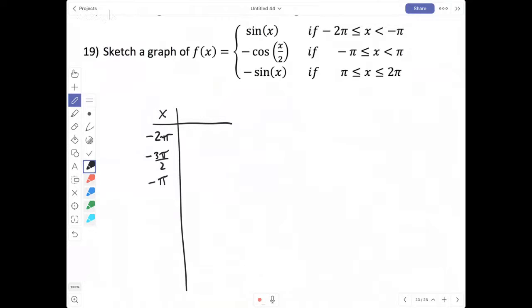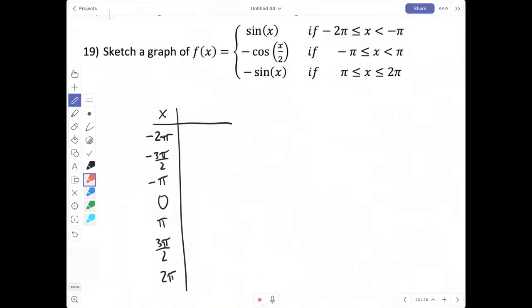And then I'd like some x values between negative pi and pi, so I'm going to pick 0 and pi. And then a couple x values between pi and 2 pi, so I'm going to pick 3 pi over 2 and 2 pi.